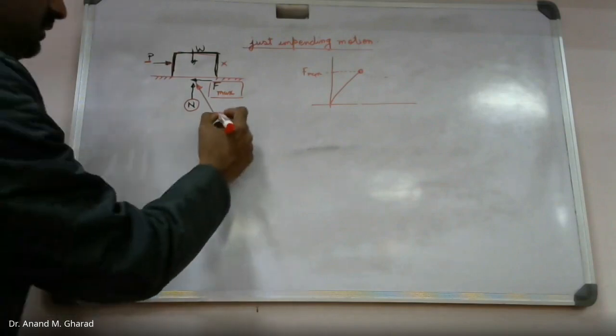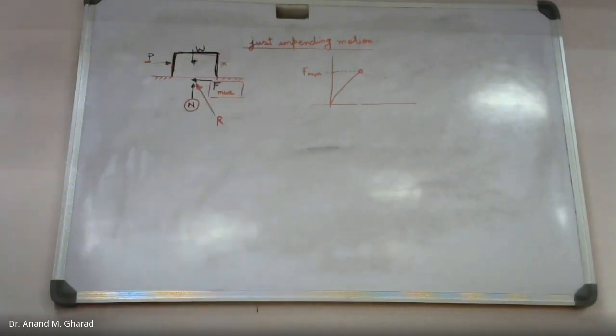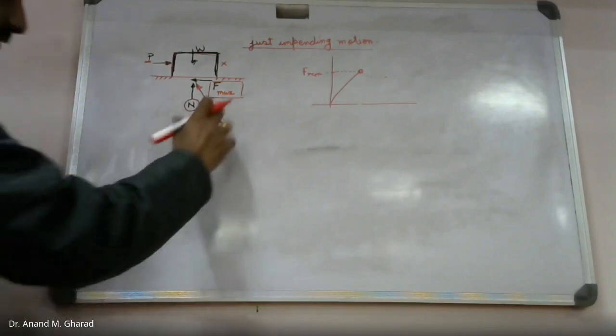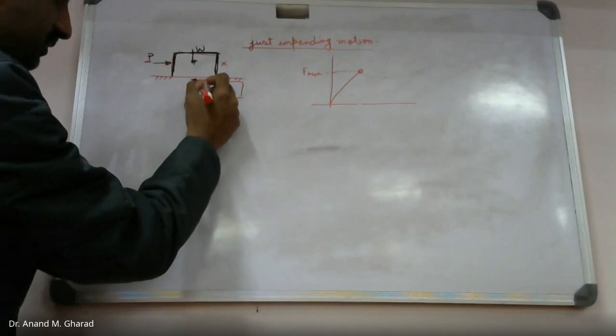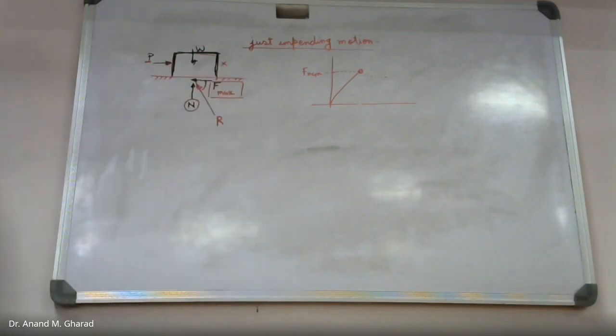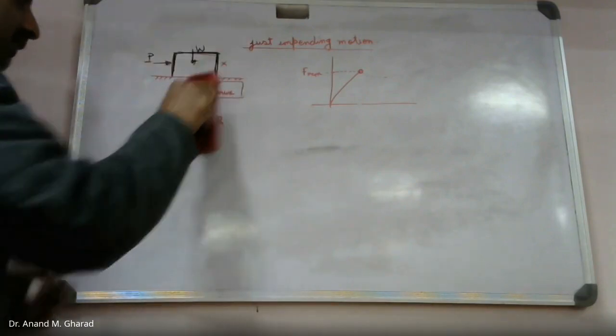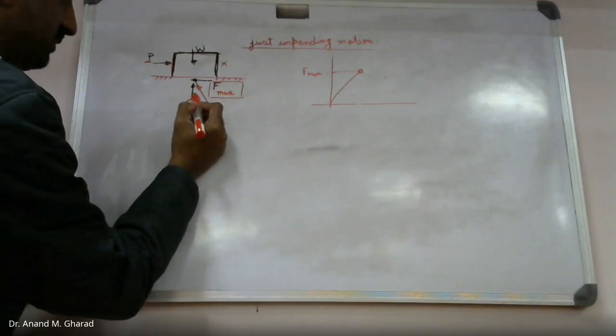So I will call it resultant force R, and this resultant force R will have a relationship with the horizontal, not this angle, this angle, let's say.